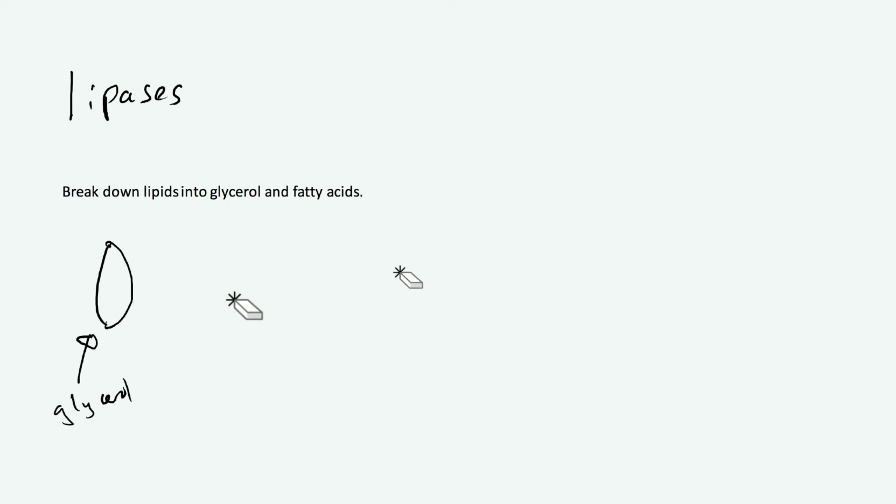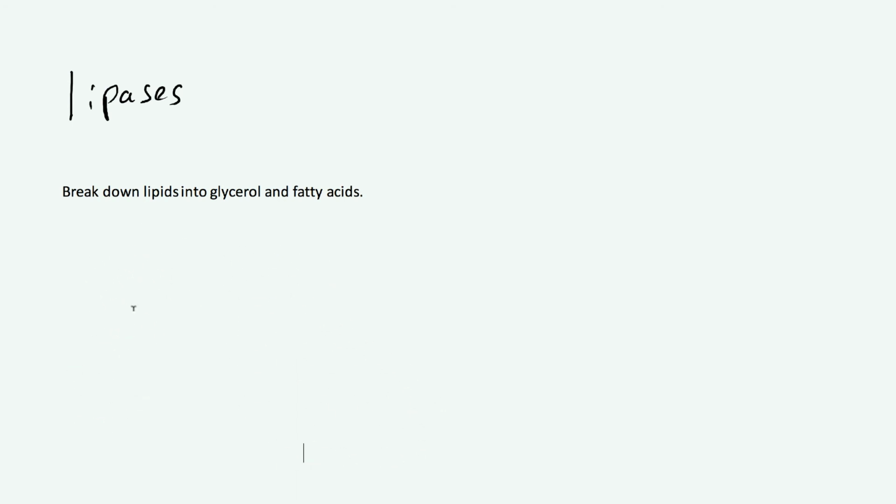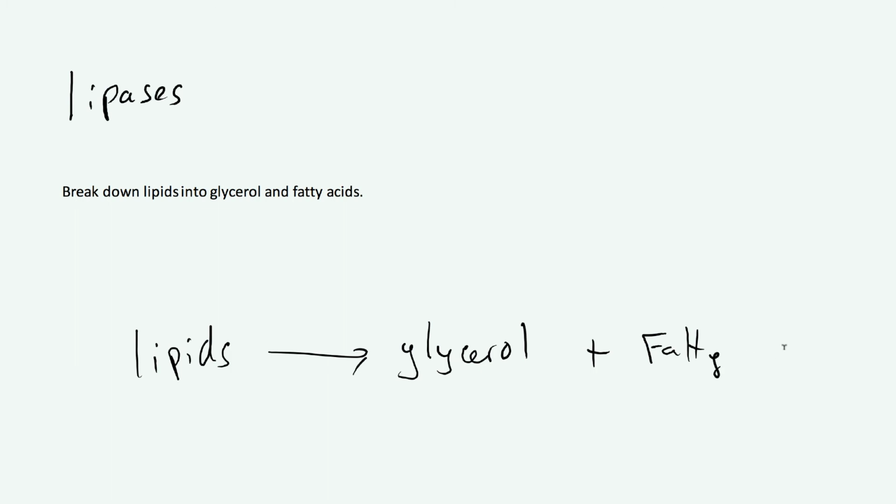So instead, you have your glycerol and you have your fatty acids separated, and that is how a lipid is broken down. Okay, so basically, lipids are turned into glycerol plus fatty acids. And that is what lipases do.